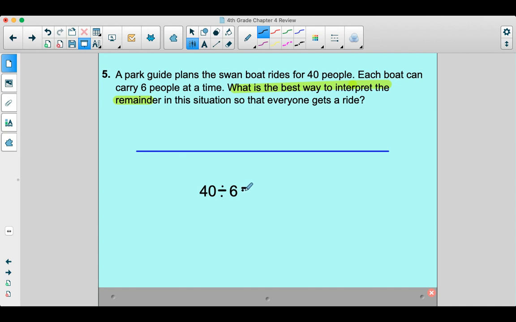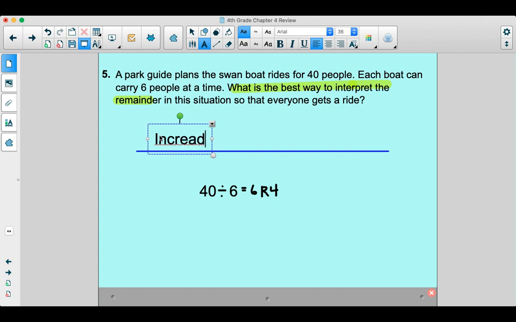So if this is, let's see, 6 remainder 4, I think. So this is actually what the answer is to that. I would need to increase and not just get 6 boats, because now you've got 4 people crying on the sidelines because they don't have a ride. So I would need to increase my 6 to a 7. So increase the quotient 6 to 7. So now everybody gets a ride if we get 7 boats.